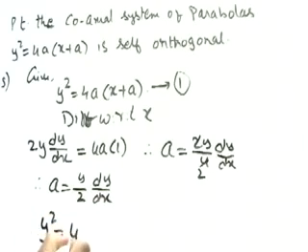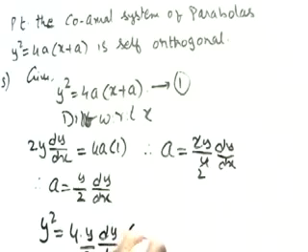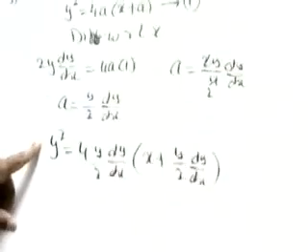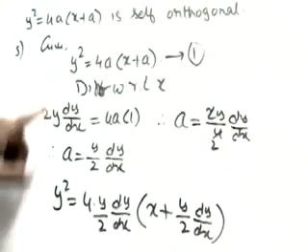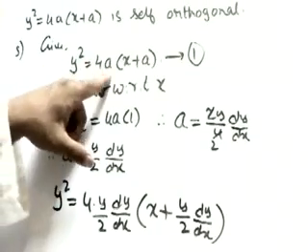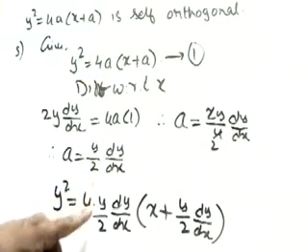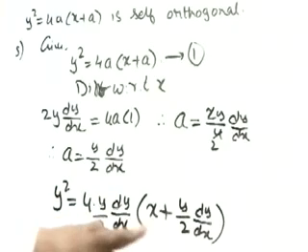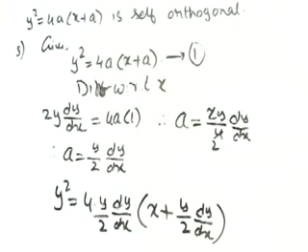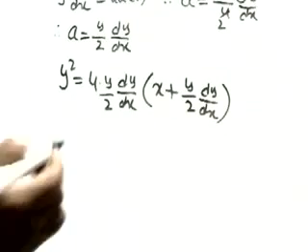Now let me substitute this a in the given equation. So y square equals 4 into a, where the value of a is y by 2 dy by dx, into x plus a. I am substituting the value of a in the given equation: y squared equals 4 into y by 2 dy by dx into x plus y by 2 dy by dx.